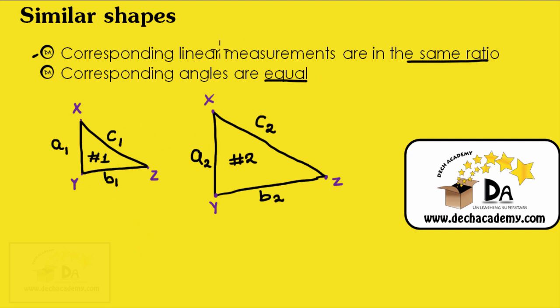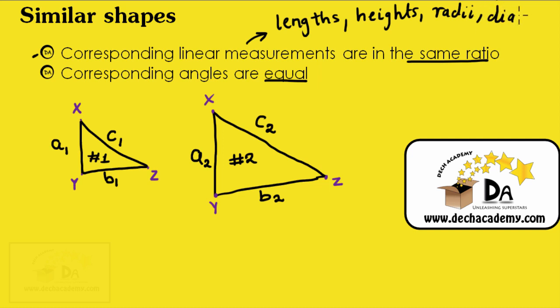Examples of linear measurements: lengths, heights, the radii of circles (radii is the plural form of radius), the diameters of circles, and so on. These are the common ones you will encounter.